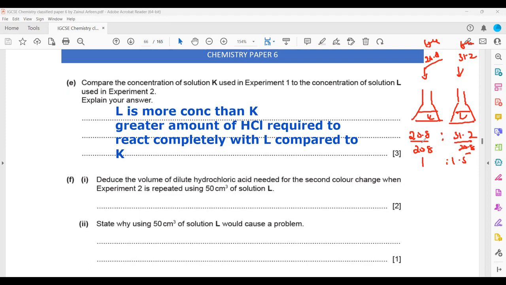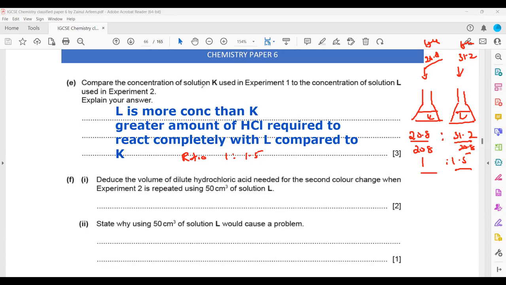This will be 1, and 31.2 divided by 20.8 will give 1.5. So the ratio of the volume of acid used is 1:1.5, or 2:3. Is it clear, this one?